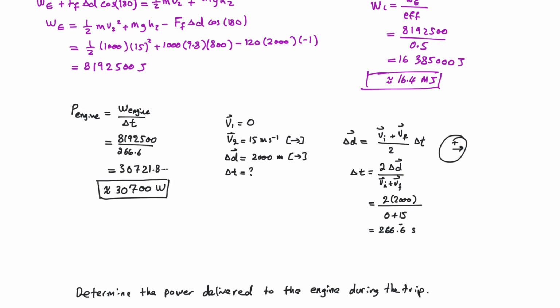Now I have to do a little bit of analysis in terms of wording. It's saying determine the power delivered to the engine. It's not saying delivered by the engine, it's saying delivered to the engine.